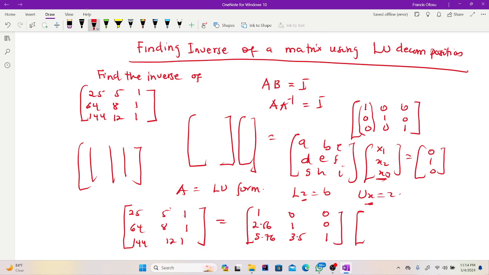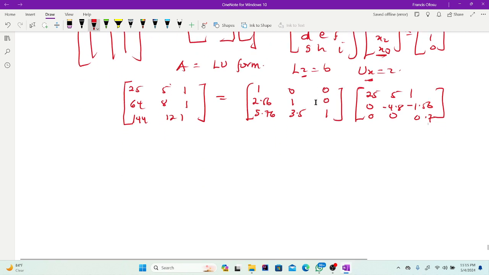Then the U is simply 25, 5, 1, 0, negative 4.8, negative 1.56, then 0, 0, 0.7. So I have given you the LU form already. There is no need for us to go through the process once again.